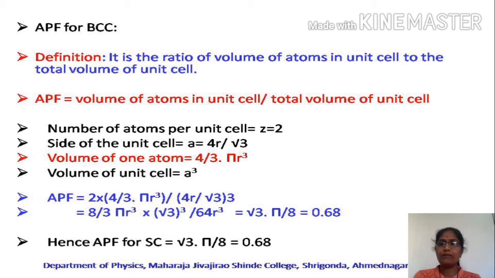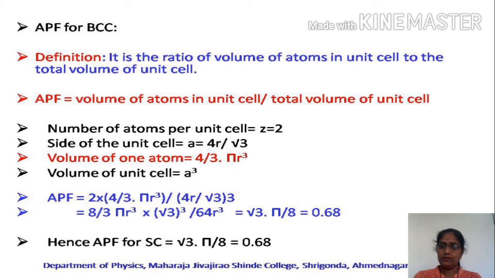By substituting the value of pi, one will get the value of atomic packing factor in case of BCC as 0.68. And as we have seen, if we want to express this value in terms of percentage, then you have to multiply this value by 100 and it comes out as 68%.